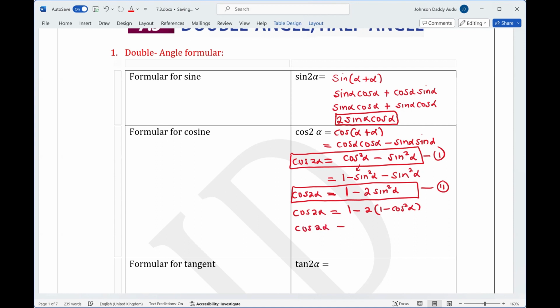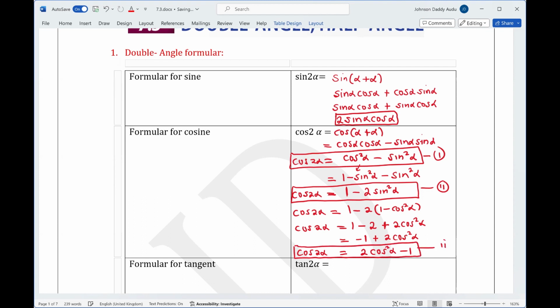You can expand with this 2, so this will become plus 2 cosine squared alpha. And 1 minus 2 is minus 1. So you have minus 1 plus 2 cosine squared alpha, which we can write as 2 cosine squared alpha minus 1. So this is the third formula.